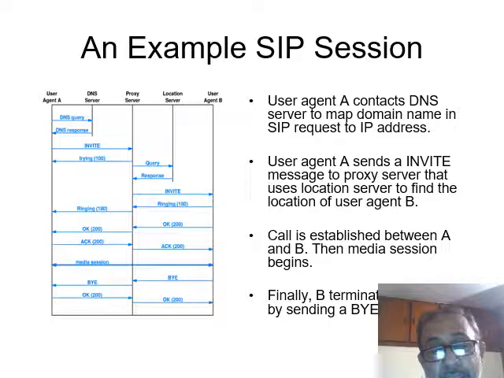In the meantime, the user B starts ringing. One more thing, the ringing current does not come from the exchange or the gateway or the media gateway or the media gateway controller, because we do not have a particular central exchange in this case, as we had in the PSTN network.